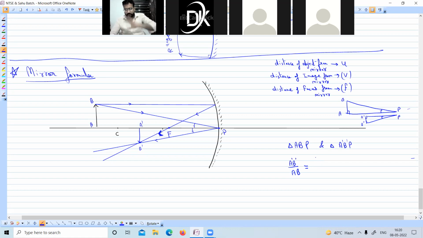So you will follow the symmetry. One side you have taken this. Now another side I'm taking this. Why I'm taking this? Because we know AP is the value of u. Yes or no? Right? And A dash P is the value of v.